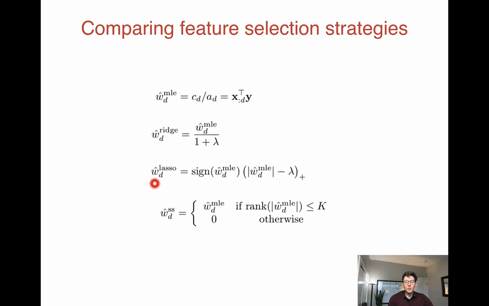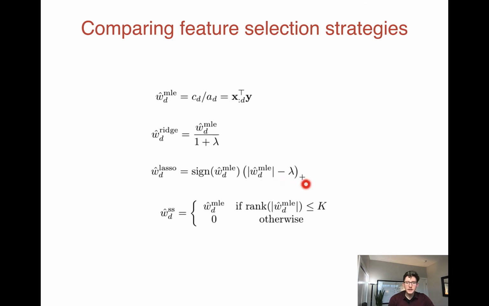Vice versa, our L1 lasso has this update. We take our weight and we reduce its magnitude by lambda. If our weight had low enough magnitude to begin with that we end up with a negative number, we just set it to 0.